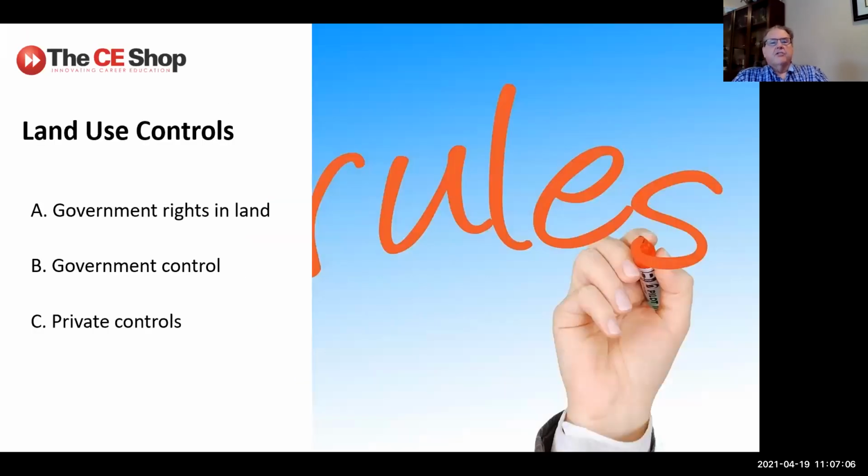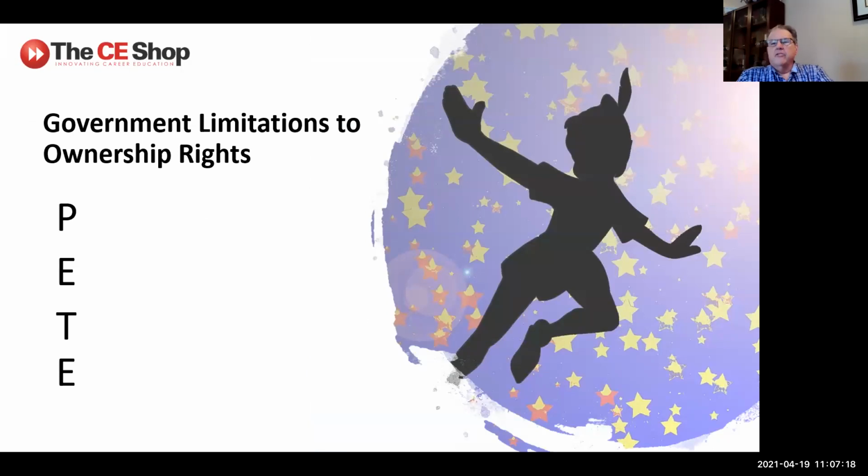So land use controls make up basically government rights in the land, government control, and private controls. The government limitations on everyone's ownership in real estate, the acronym that is the handiest, I think, to use is PEAT.